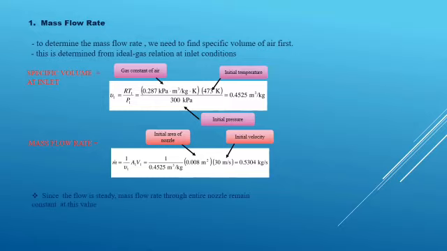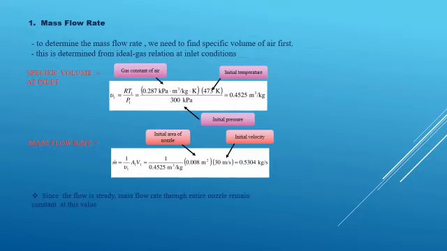Okay, specific volume at inlet, we use this equation which is V1 equal to RT1 over P1. R stands for gas constant of air, which is 0.287. T1 equal to initial temperature and P1 is equal to initial pressure.